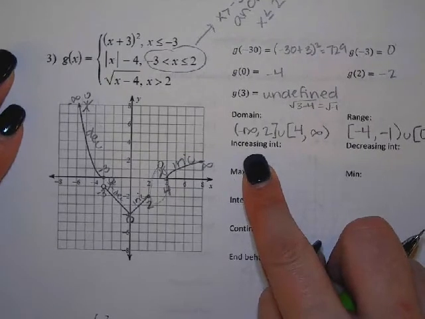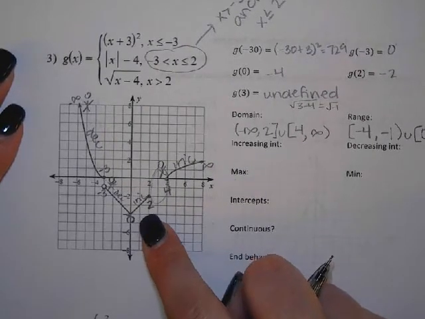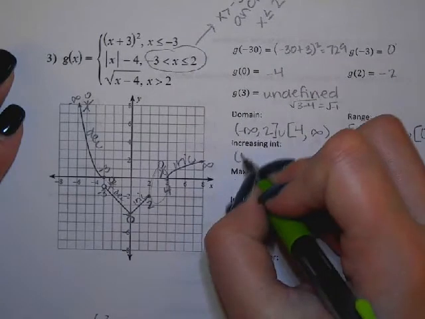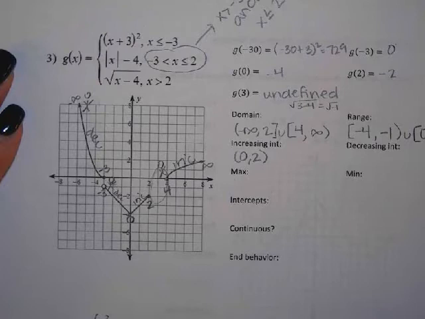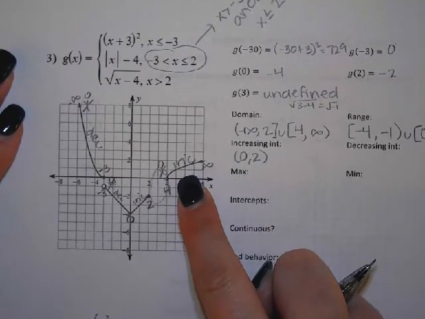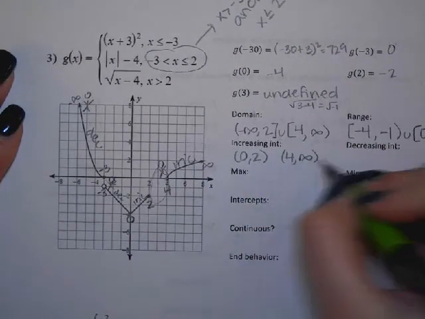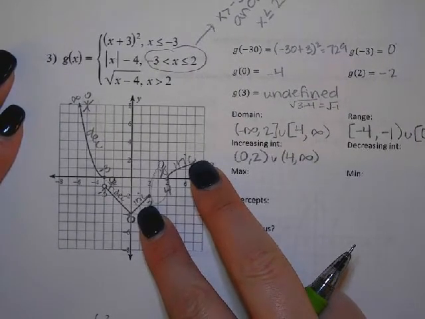All right. So increasing interval, we have 2 answers. Our first answer is (0, 2). Why did I put parentheses and not even ask you guys? Because it doesn't matter, it's always parentheses. Okay. What do I put for over here? We have 2 answers for increasing because I wrote increasing twice.